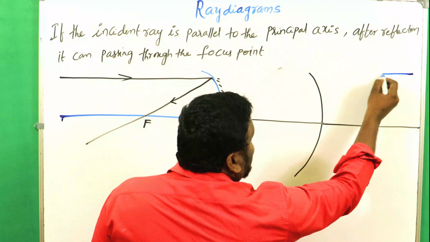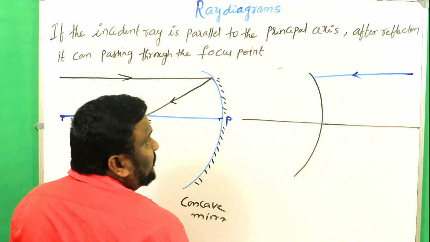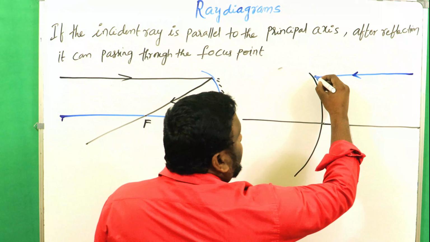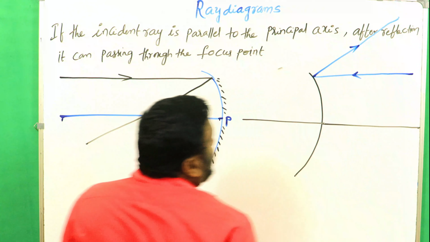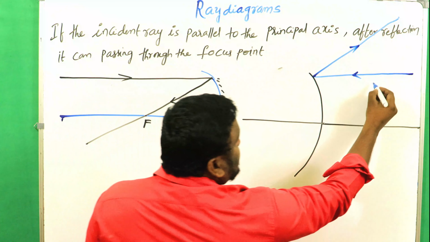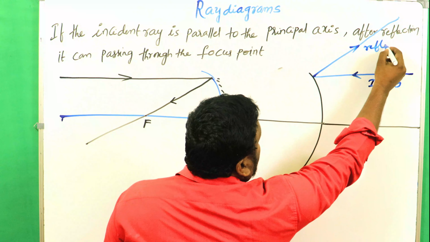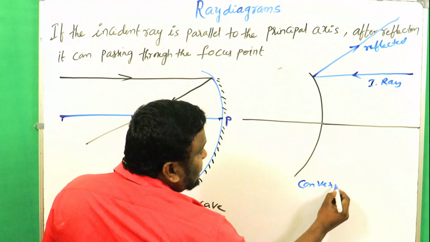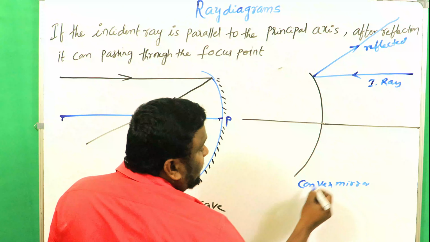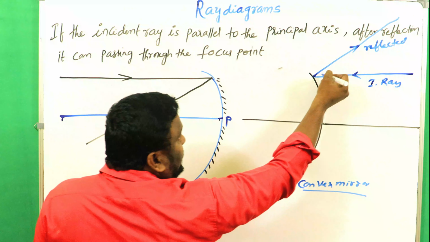Now the light ray is coming like this. This is the incident ray and this is the reflected ray, and this mirror is the convex mirror. So here the reflected ray goes like this.